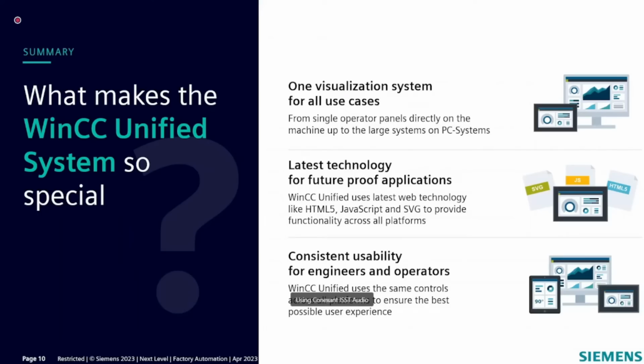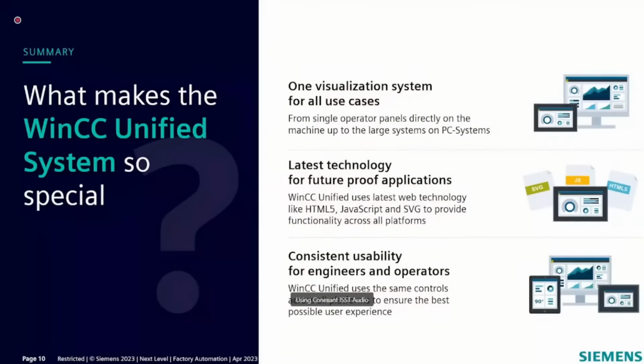And then the third one, consistency or usability for the operator as well as the engineer. The engineer who is working on the panel has the same interface, the same type of unified platform, so you don't have to understand how a SCADA system works. You can use the same engineering even for the unified system. That benefit you get as the engineer developing this solution.